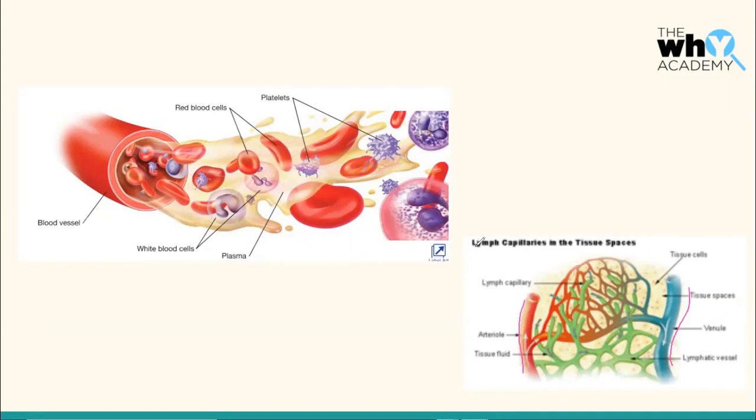Okay, so this diagram basically I wanted to show you how the lymph and the blood are actually linked together. This is what this diagram shows here, right? So this is the artery, the red one, this one here, and this would be the vein, and they form this network.